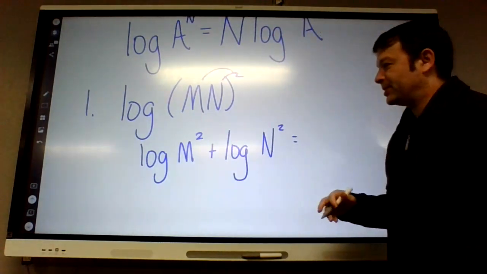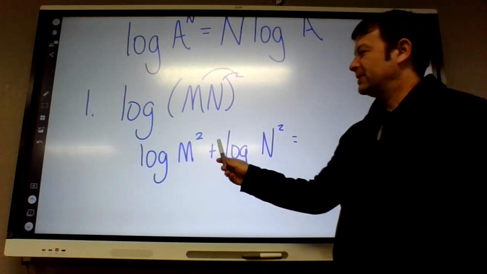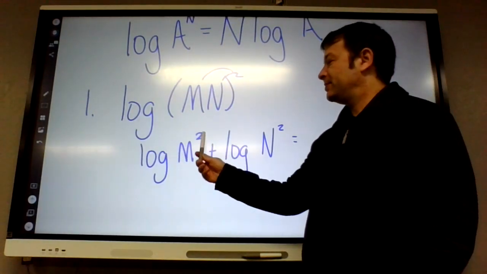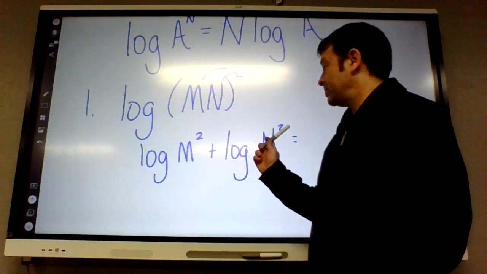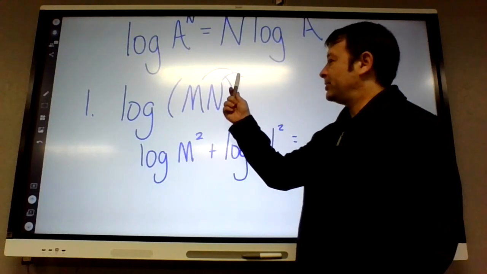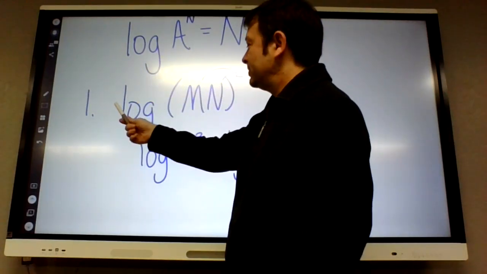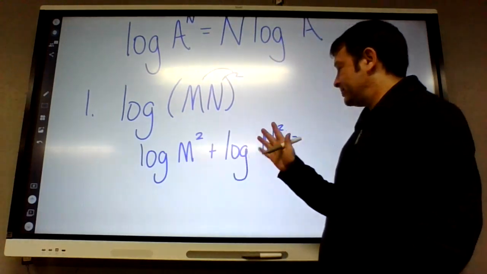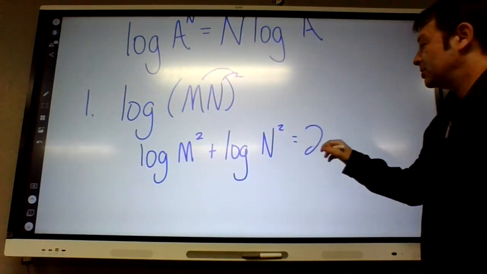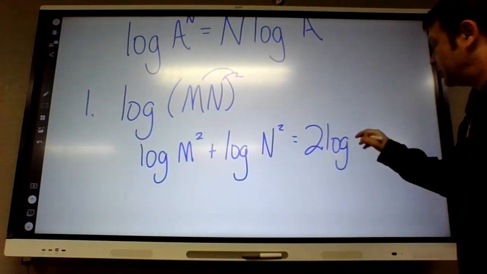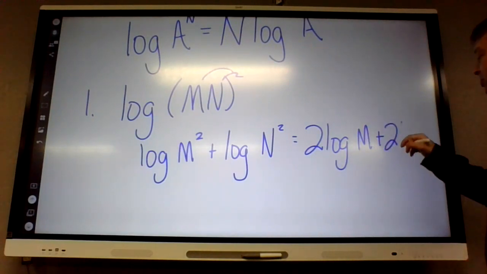But there's something else they want us to do: put the 2 in front. So the 2, the exponent, can go in front. We could have put it in front at the beginning and then split it up, but maybe that's confusing. 2 log m plus 2 log n.